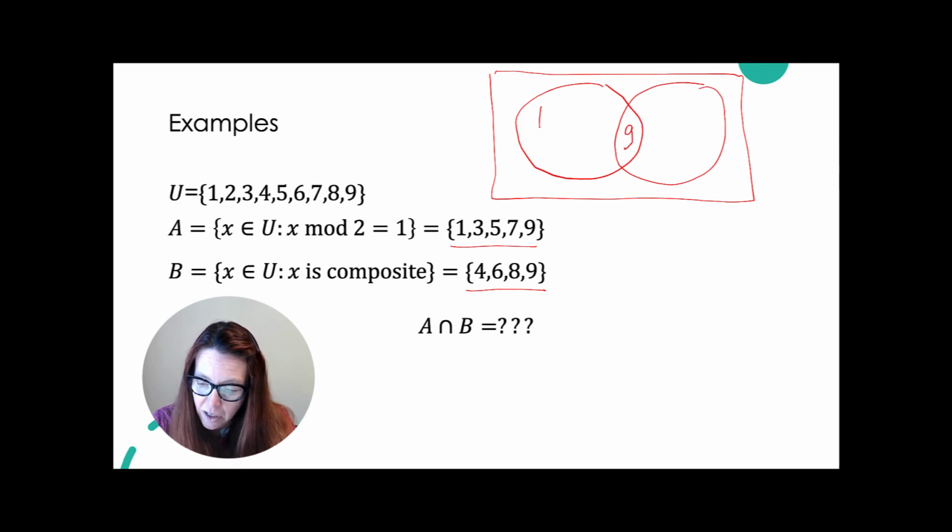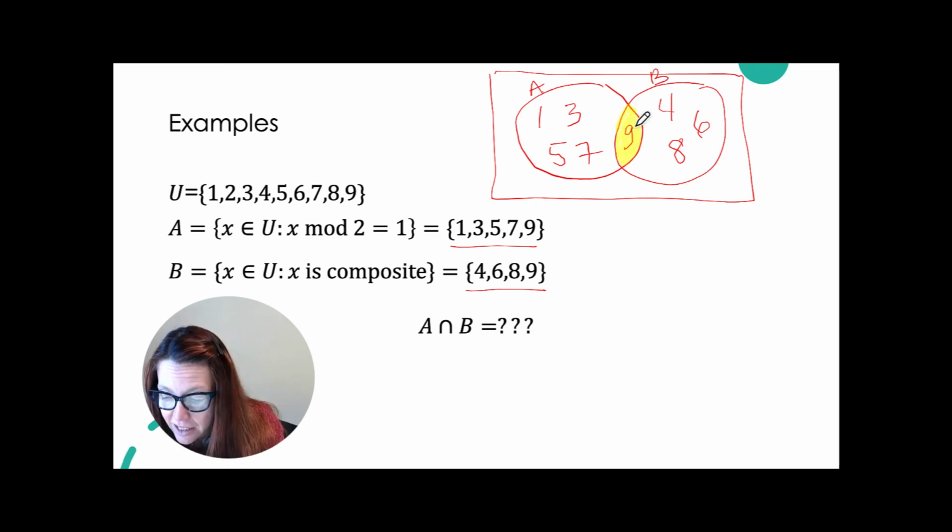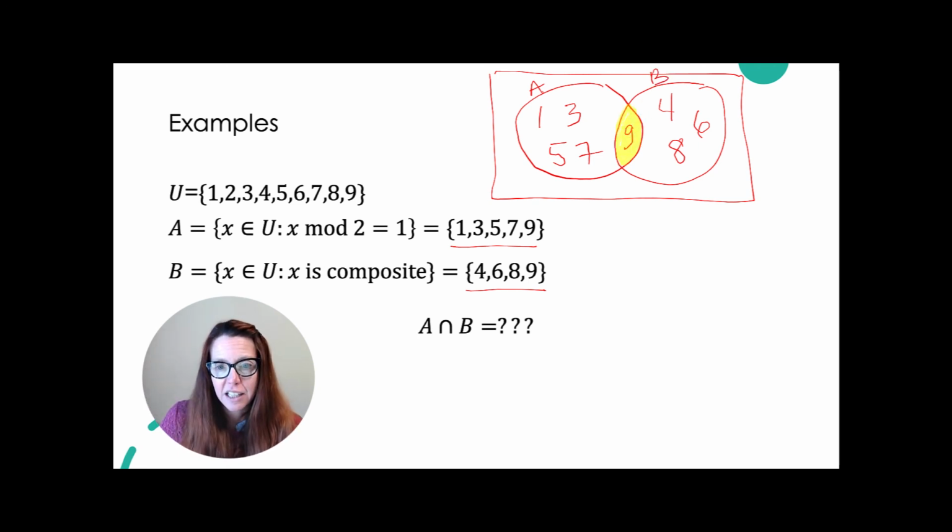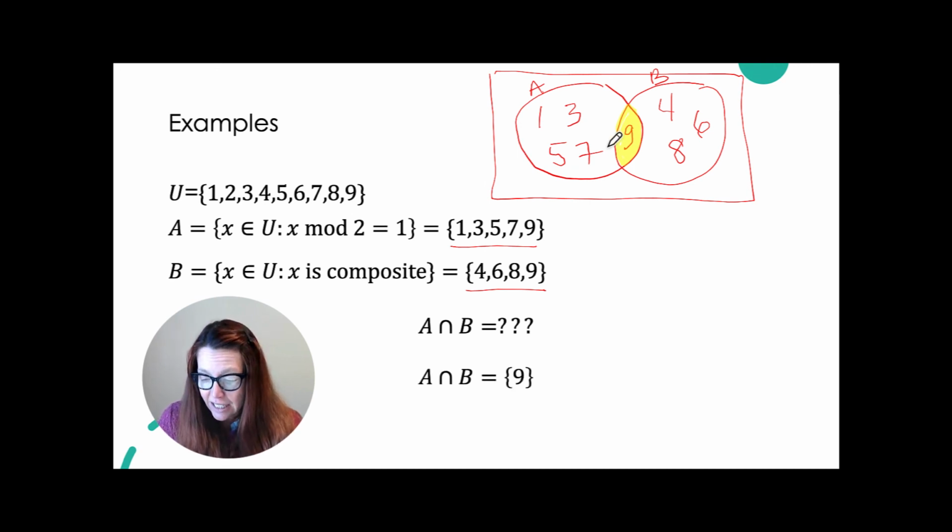We had 1, 3, 5, and 7, and in B we had 4, 6, 8, and 9, and 9 is in that intersection. This time the only thing we want is what's held in that intersection, and so in fact A intersect B is {9}.